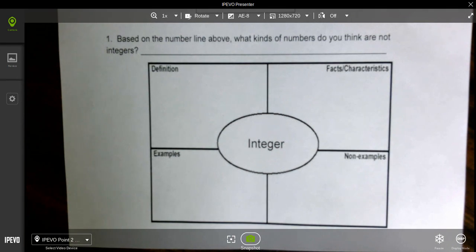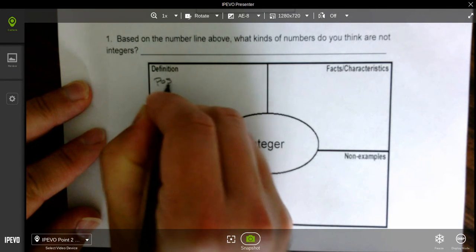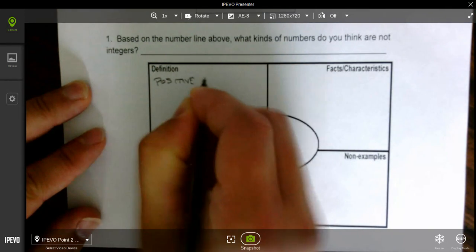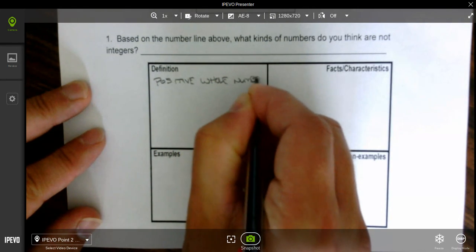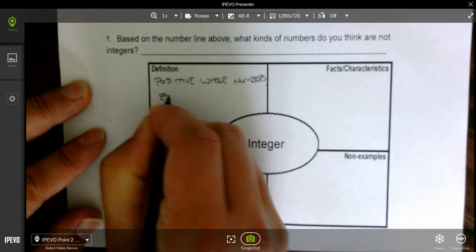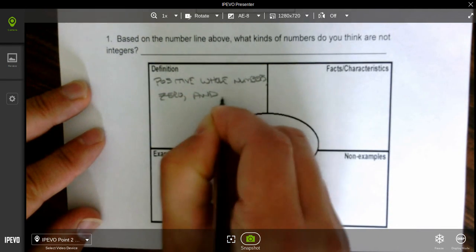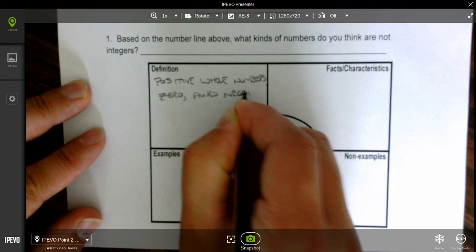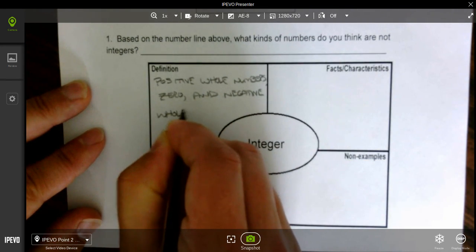So based on the information in the number line from above, what kinds of numbers do you think are not integers? Well, we said before with our definition, we can write it back in here again. These are the positive whole numbers, 0, and the negative whole values.